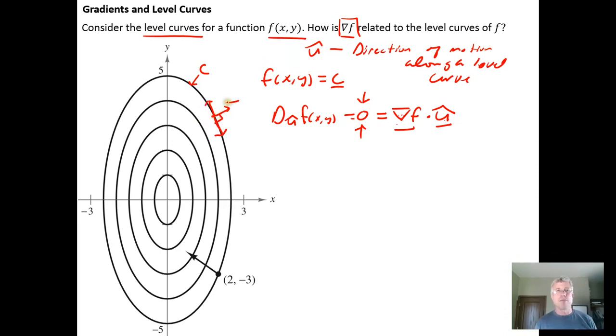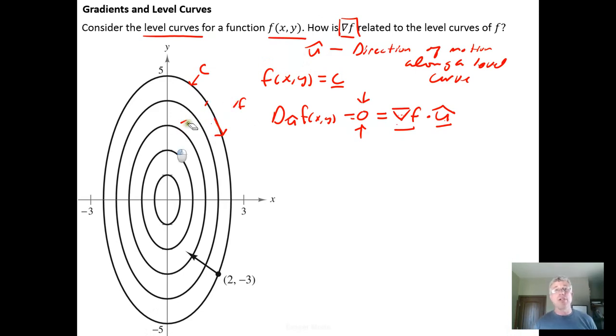But if the gradient is perpendicular to a tangent vector, then the gradient is also perpendicular to the curve itself. So the gradient of f at any point along a level curve in the xy plane will always hit that curve at a right angle.